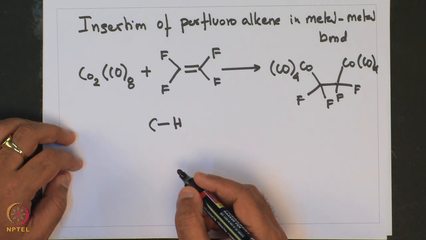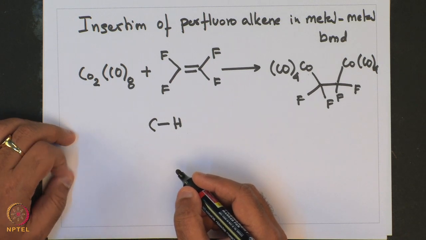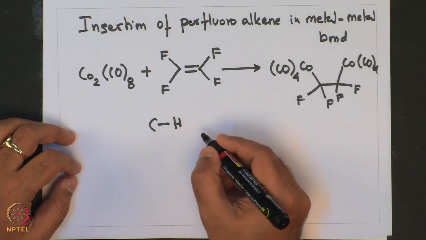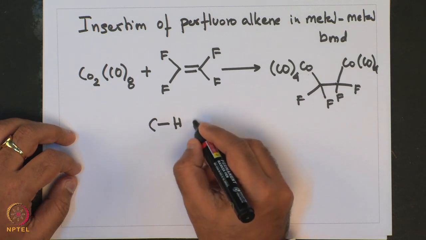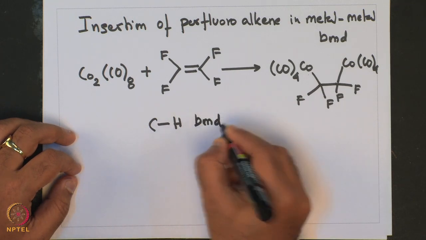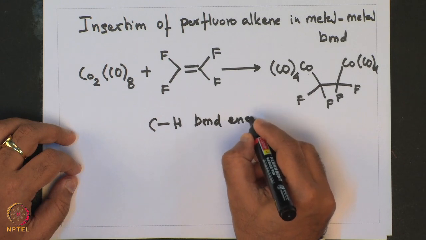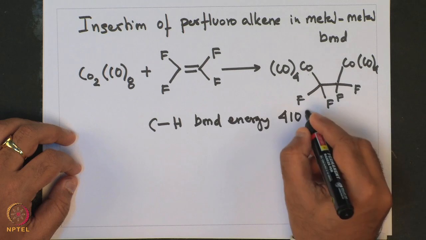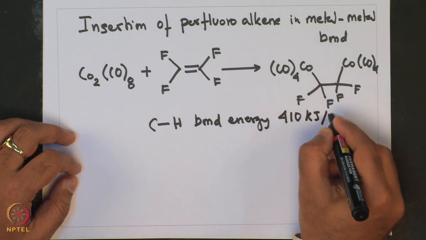And what we saw is that CH activation was quite challenging as a result of very high CH bond energy. The bond was very difficult to break, and the CH bond energy was around 410 kilojoules per mole.